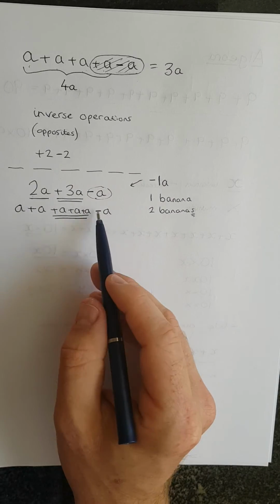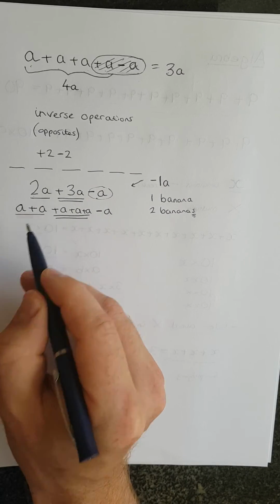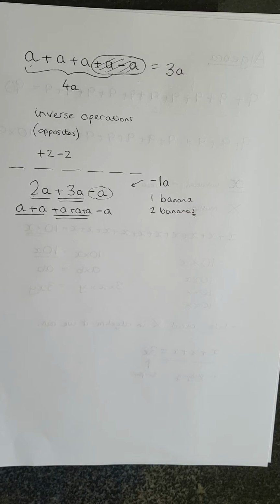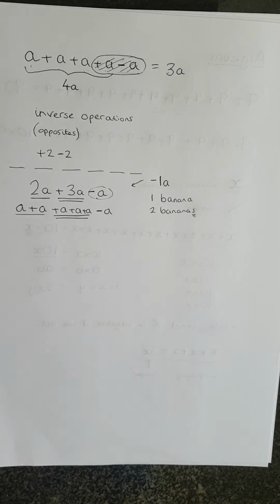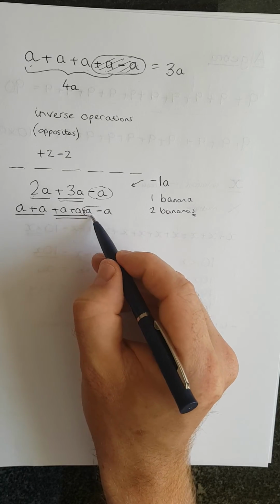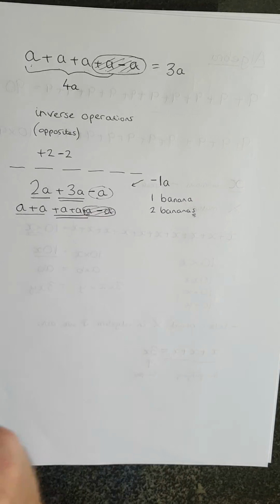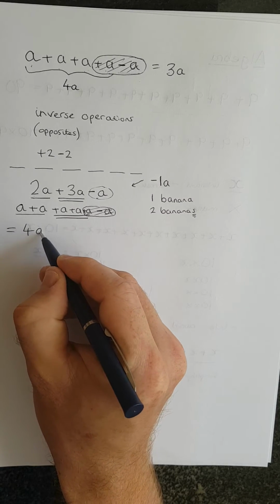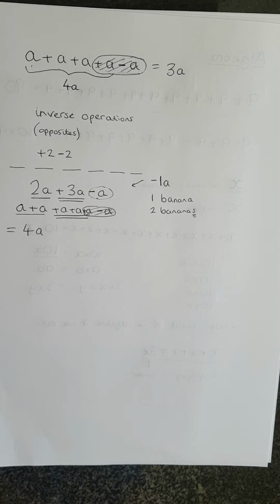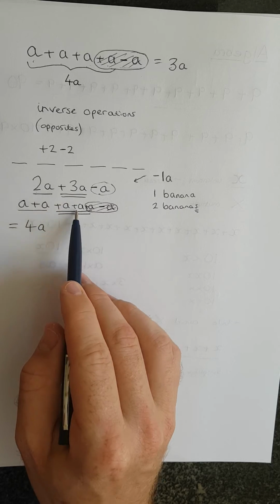Let's get back to this. I've got 2 at the front here, plus another 3. That makes 5. Good. One of those is cancelled out by the takeaway or the subtract. So that leaves me with 4a. Can you see how I step this out?